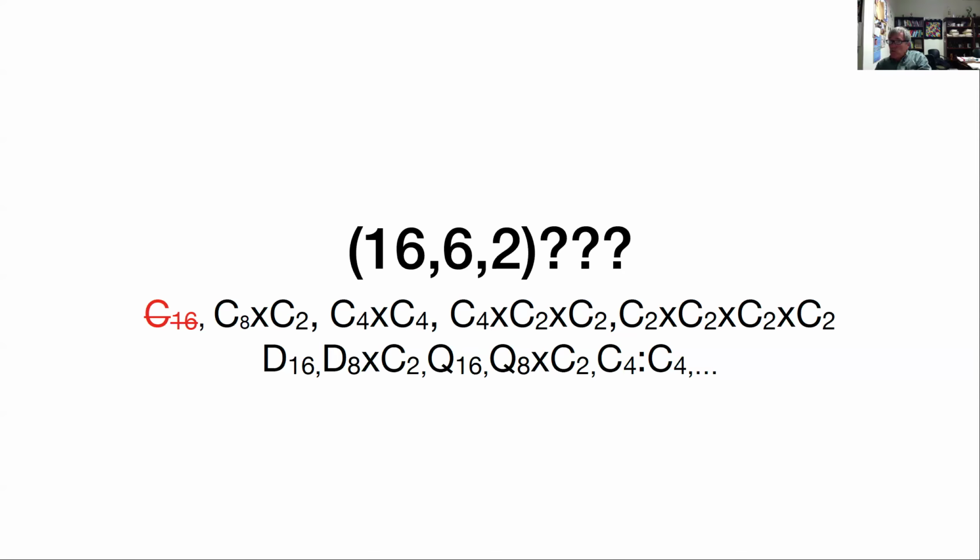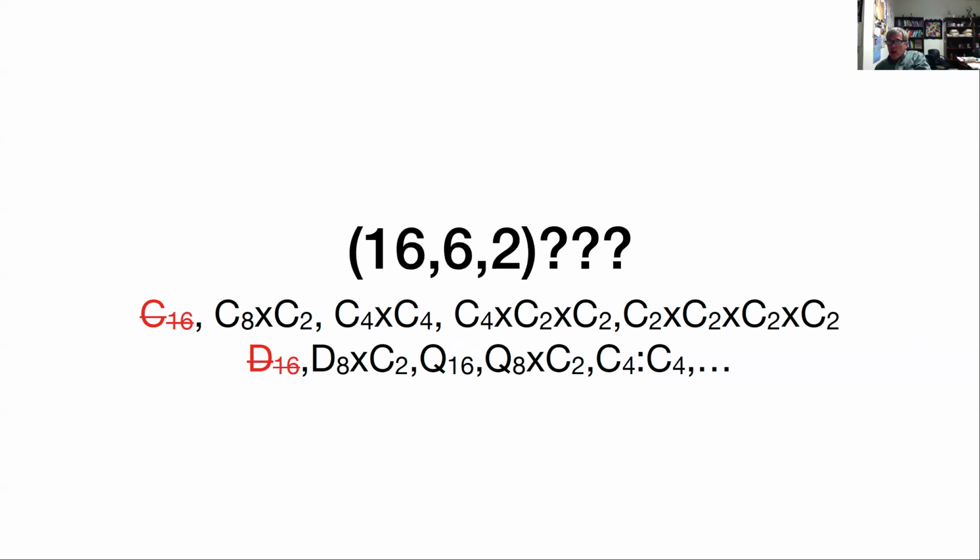But we can do all the same things with non-abelian groups that we did in abelian groups, and I've written a couple of them down using GAP notation for those of you that know GAP. Which of those have difference sets? And it turns out the dihedral group does not, and I'm using the notation D sub 16 for that. All of the other non-abelian groups do have a difference set.